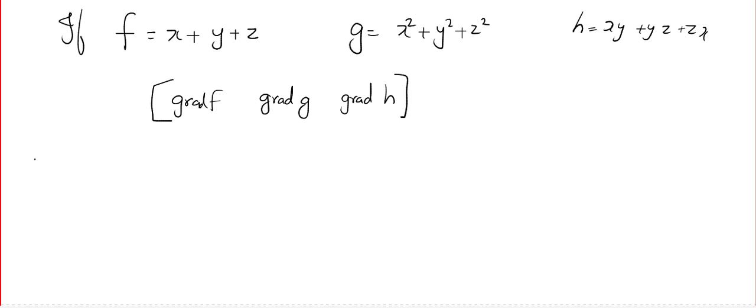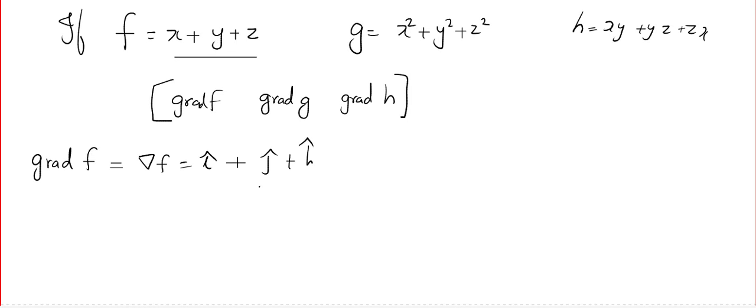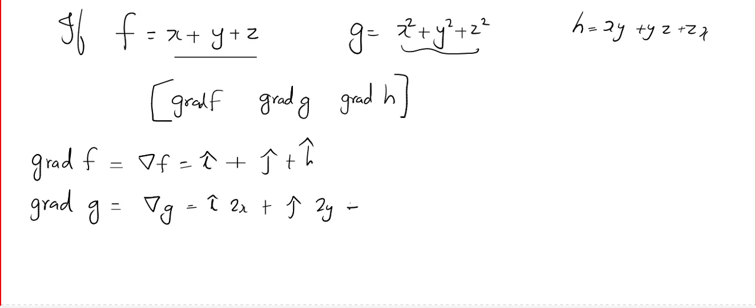So it's very easy. Grad f, that's the gradient of f, is del f, which is, you know the formula. So it is given by i, partial derivative with respect to x is 1, j plus k. And gradient of g, that will be del g, is i, you get 2x, plus j, you will get 2y, plus k, you will get 2z.